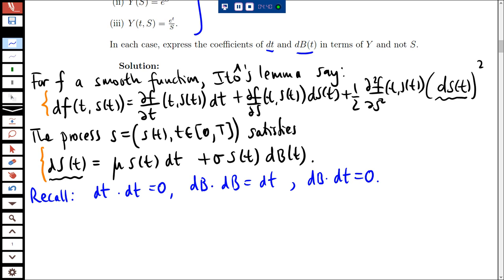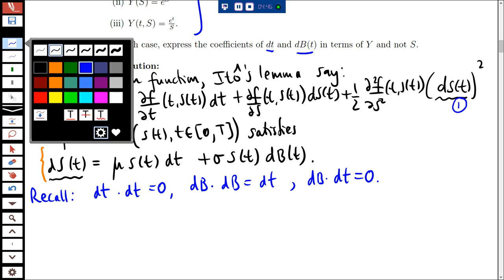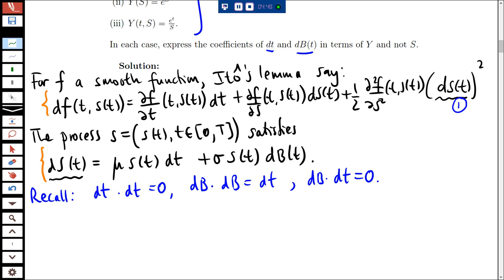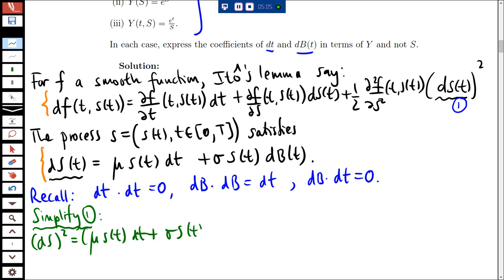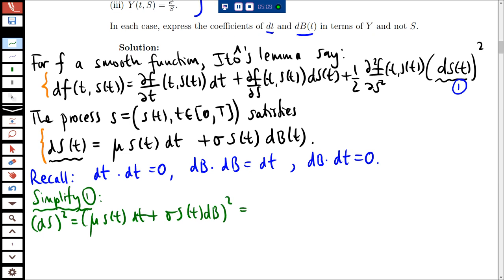So if we simplify, I call this 1, maybe go to a different color. So if we simplify 1, we want ds all squared, ds of t that is. So we want mu S(t) dt plus sigma S(t) dB, all squared. Okay, I think I'm going to write it all out.